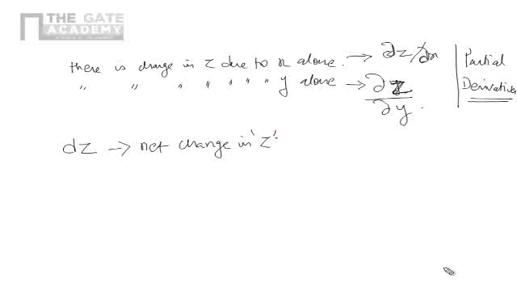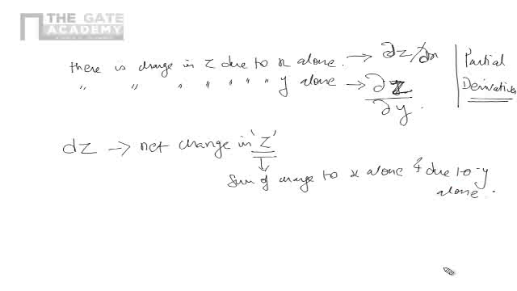And what will be the net change in z? It will be the sum of change due to x alone and due to y alone. Correct? This is something like your individual marks, and this is something like your total marks.